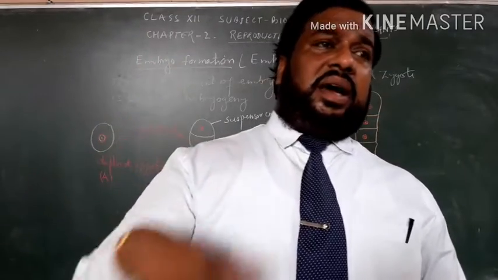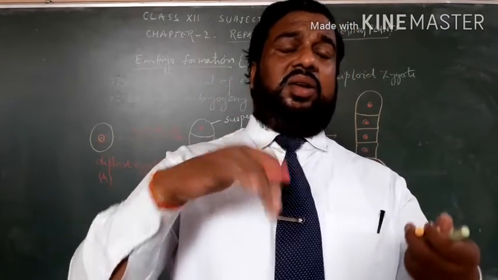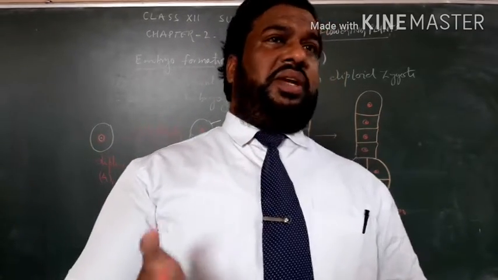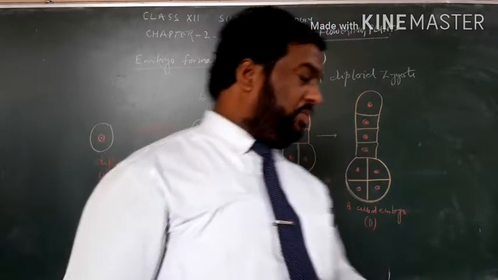Now the upper cell again divides transversely but the lower cell divides periclinally. So it forms an 8-cell globular embryo.